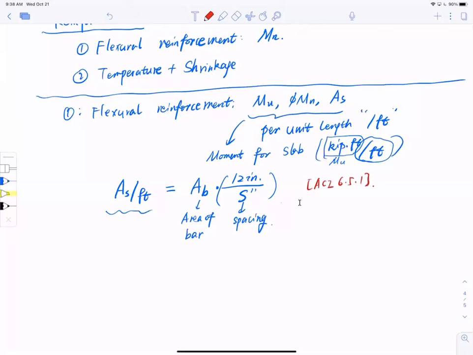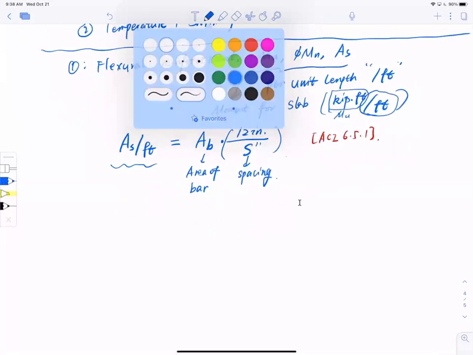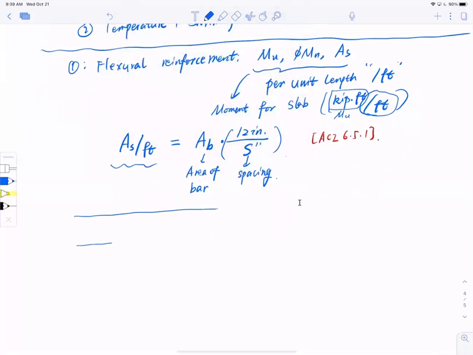So what is this? When I see the cross section of the slab, I normally provide bars here. Like this is the cross section, and this is AB, AB, AB, and I have a spacing in between. This is S. But when I design it, I need to convert this into a strip. So this is 1 foot.